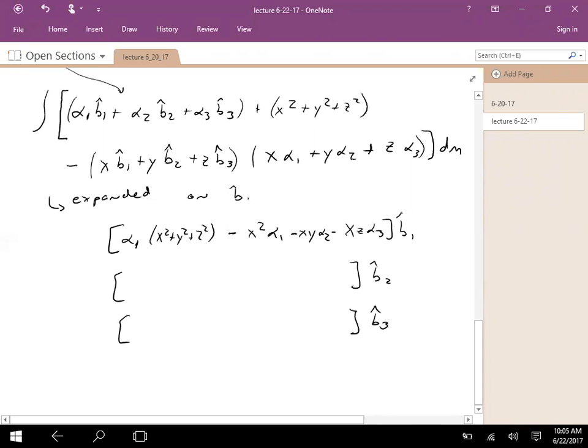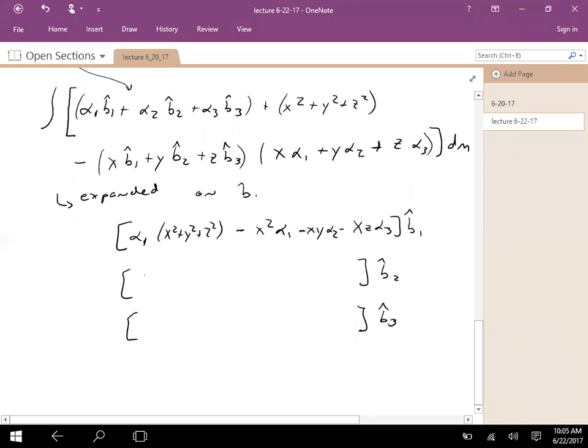Okay. The next term is alpha 2 times x squared plus y squared plus z squared, minus yx alpha 1 minus y squared alpha 2 minus yz alpha 3.